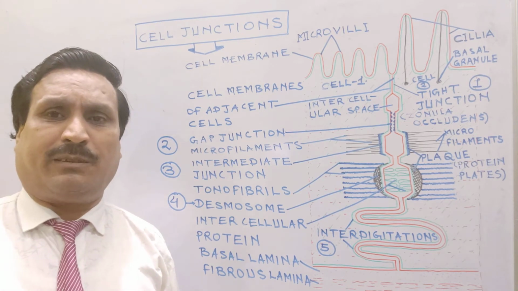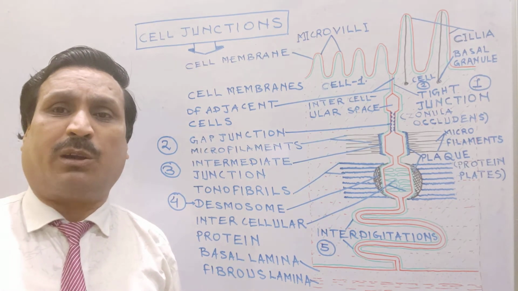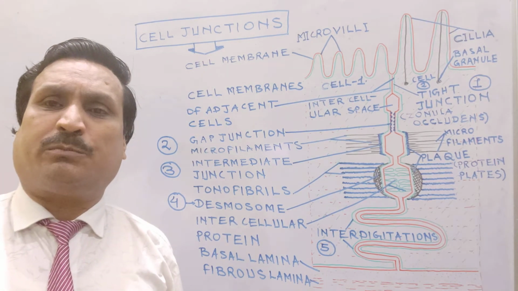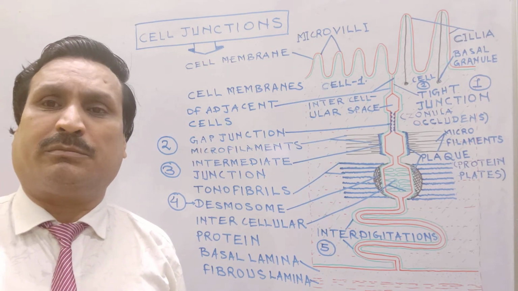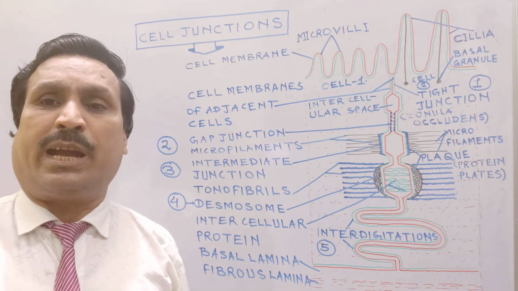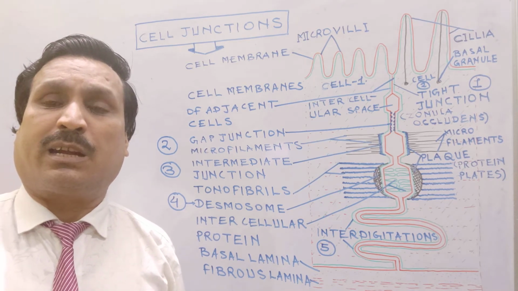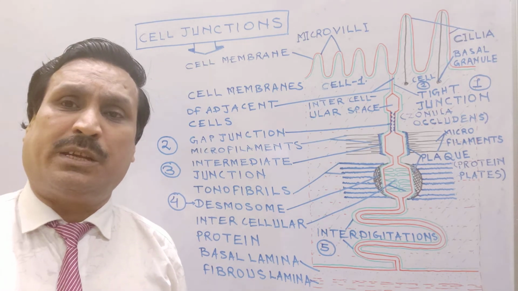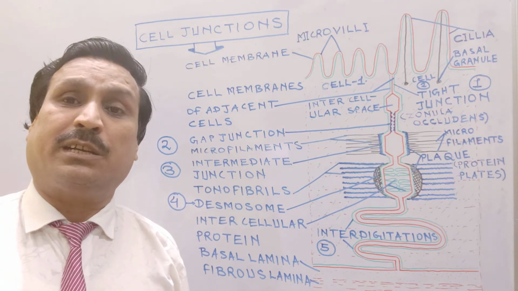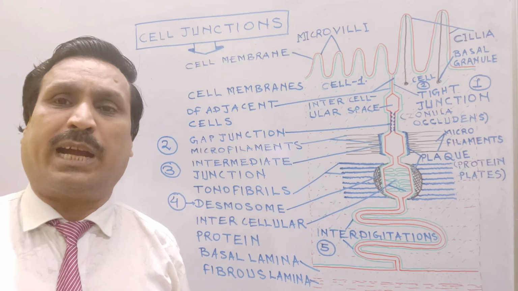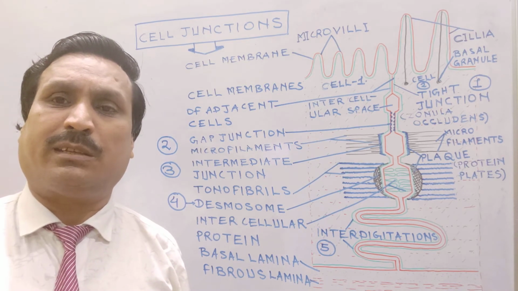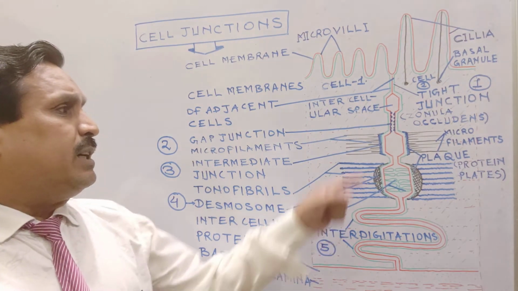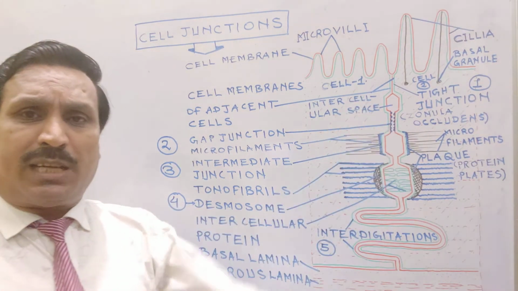This is why wave of contraction of cardiac muscle is transmitted from one cell to the other within no time, and entire cardiac muscles come to function and they contract rhythmically under the guidance of SA node. It was about gap junction.